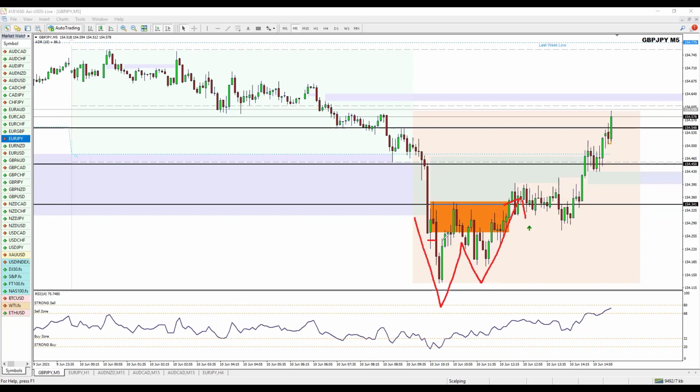So the first indication we had that this could be a reversal was this bullish engulfing. Then price pushes back down again, gives us another bullish engulfing. And this bullish engulfing is higher than the previous bullish engulfing, which means we are potentially creating a W. So if you were to take this bullish engulfing here, this is the best possible entry on a reversal candlestick pattern that you could get.